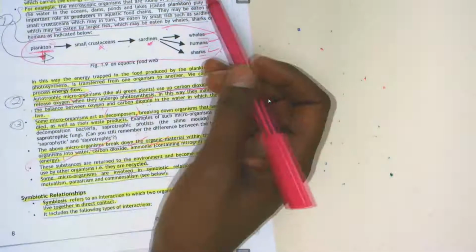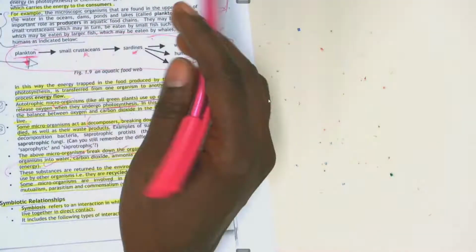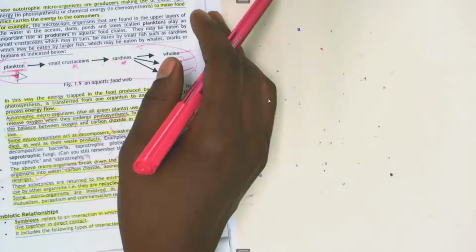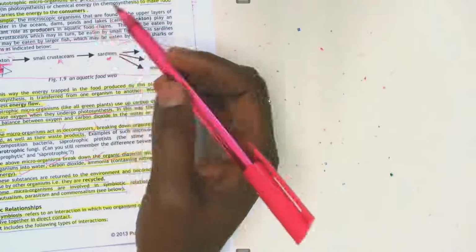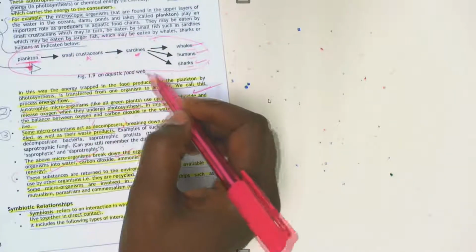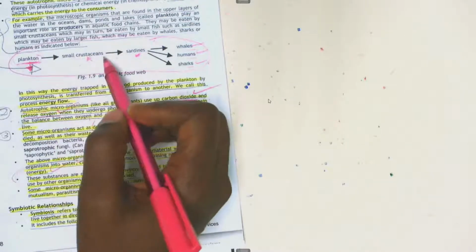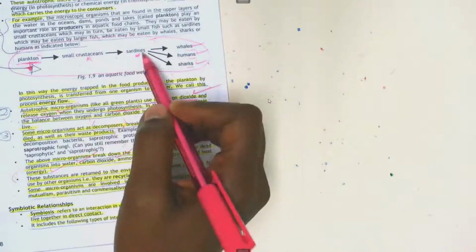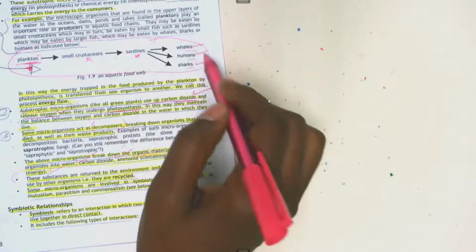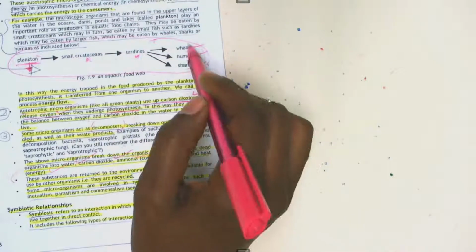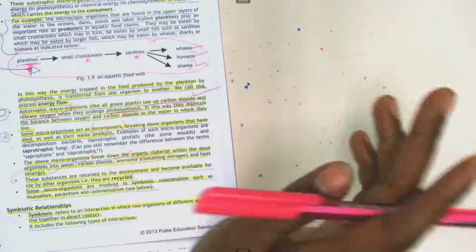So bullet number 1 will be this one of organisms that live in water, small plants that live in water, and energy will be transferred from one organism to another. These small plants will be eaten by the small crustaceans, and then by sardines, and then sardines will be eaten by all these organisms, which are whales, humans, sharks, and other organisms which have not been mentioned here.